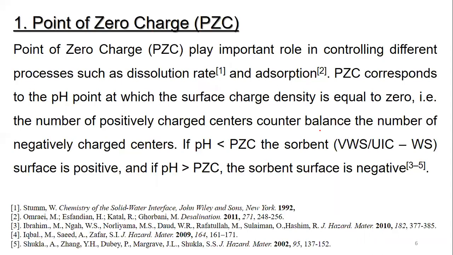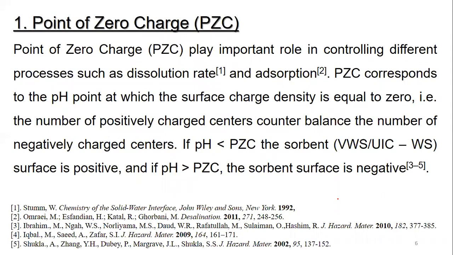And it plays a very peculiar role in adsorption, that is, in dissolution rate and also in adsorption. The reason behind that is, let's suppose the pH PZC is 5, then we ask what will happen above 5 and below 5. There must be some electrostatic attraction or repulsion.